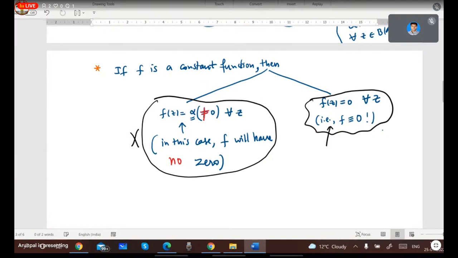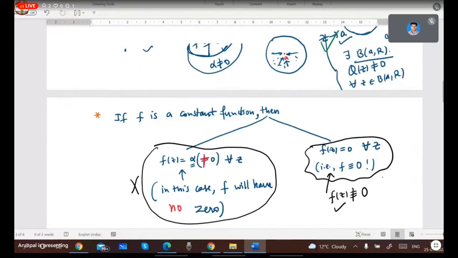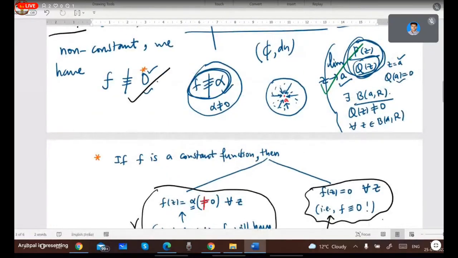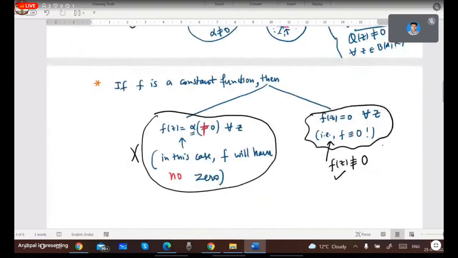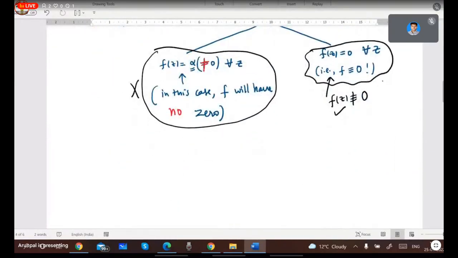So if you rule out this possibility, then you are left with the possibility that f(z) can't be identically equal to zero, because this includes the possibility that there can be some point at which the function is zero. Is this okay, class? Yes, sir. Right? So that's why I have written this zero here. So it's fully justified. Well thought of idea.